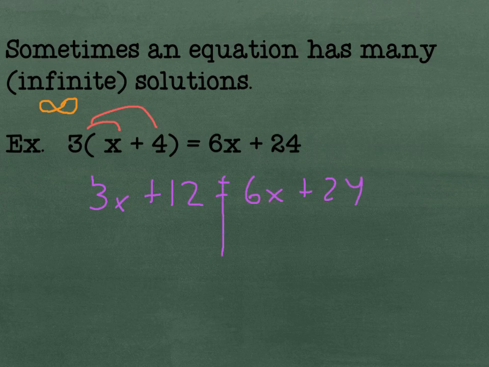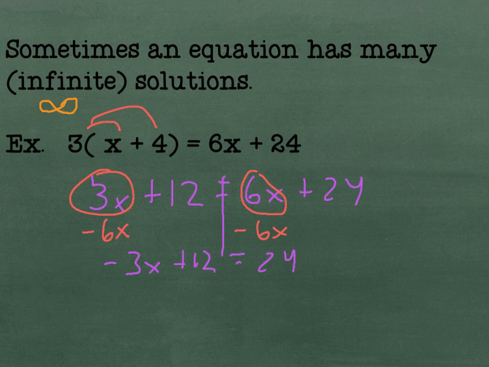Draw my wall if you need it. Again, I need to get those variable terms on the same side. So I will subtract 6x from both sides. When this happens, I'm left with negative 3x plus 12 equals 24.